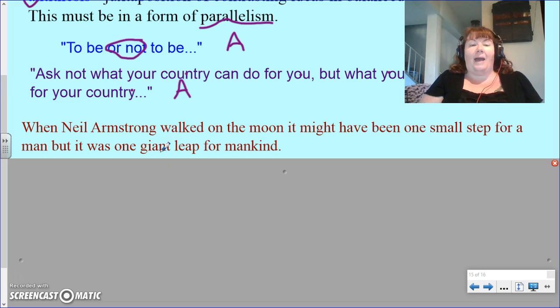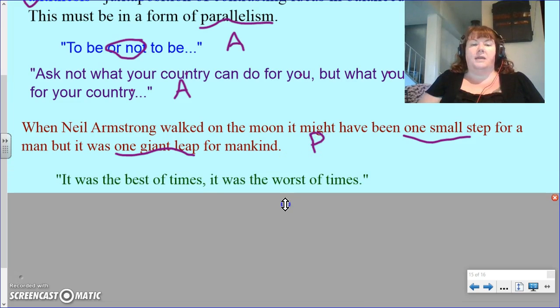But does it have a set parallel structure? Even though we have the opposite ideas here, they're not written in the same strict pattern that the previous two have been. So this I would put as an example of a paradox.